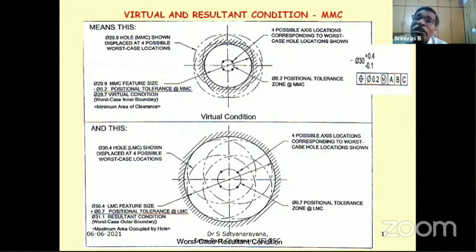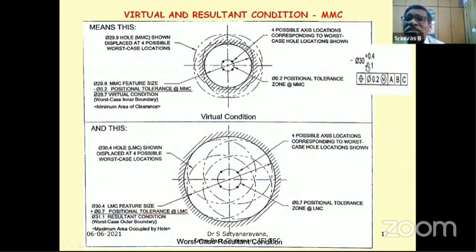And its geometric tolerance. What is this? 30.4 plus 0.2. Understand? 30.6 plus bonus tolerance it can derive. How much is the bonus tolerance we are getting there? 0.5 we are getting bonus tolerance. How? Minus 0.1 and plus side 0.4.